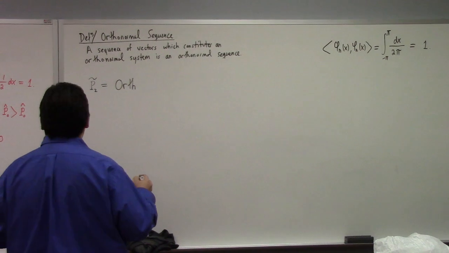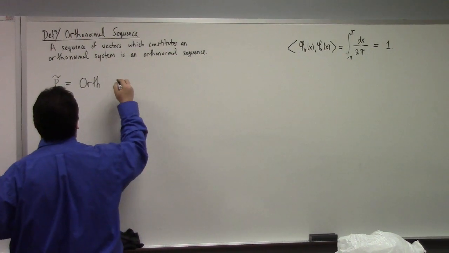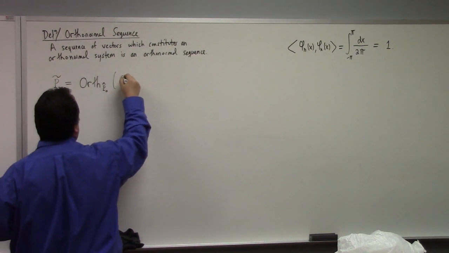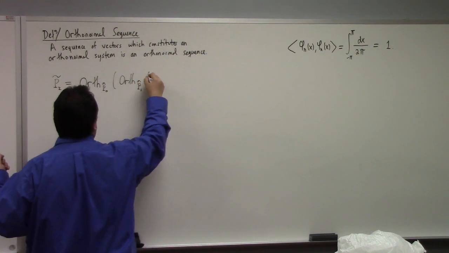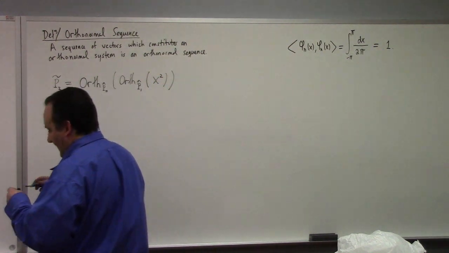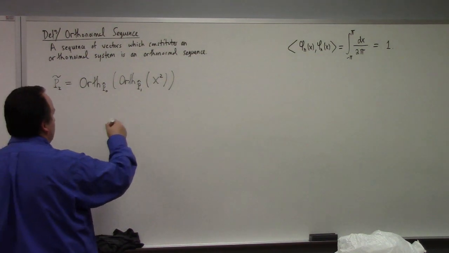Thanks, Audrey. It's the orth of the orth of x squared. There's the best of the best and the orth of the orth. It's like you just keep removing the parts which are undesirable.